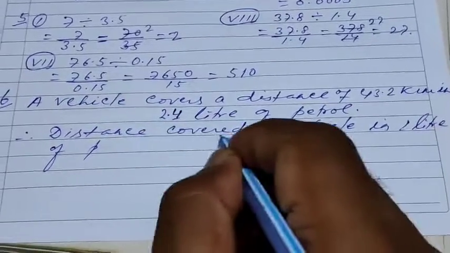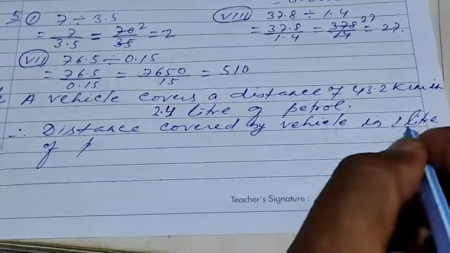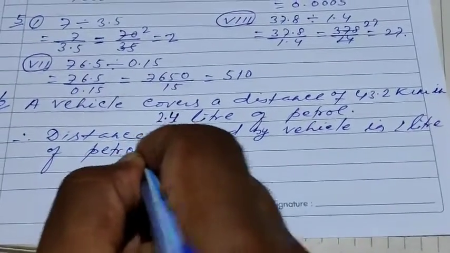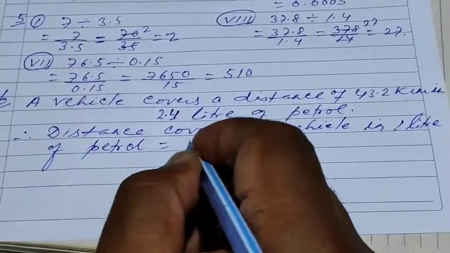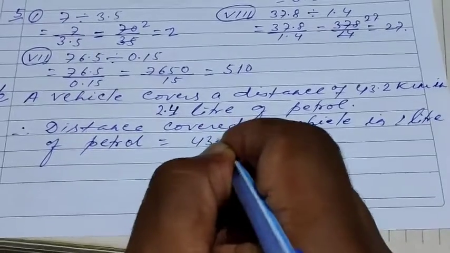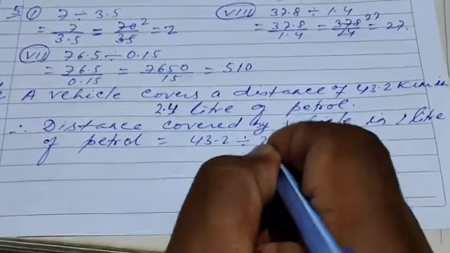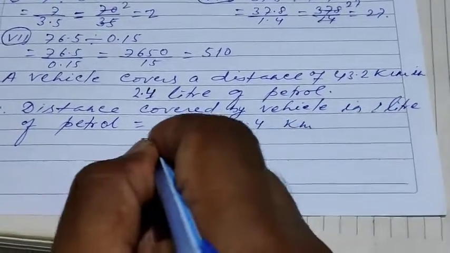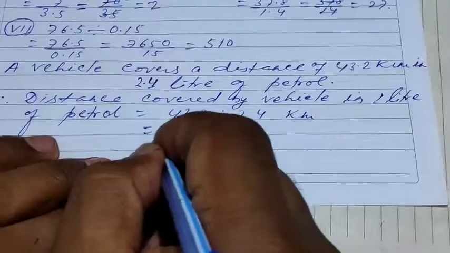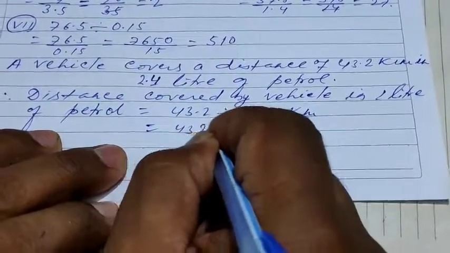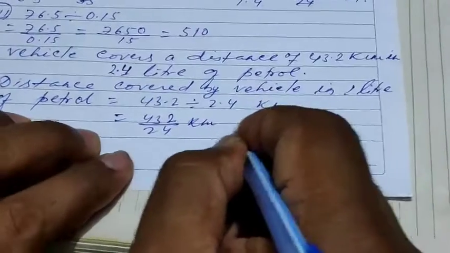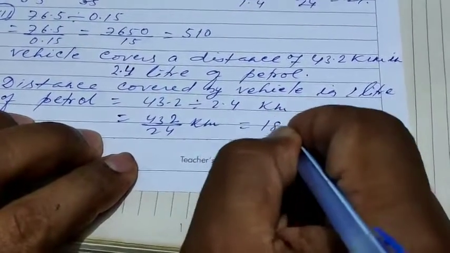Therefore, the distance covered by the vehicle in 1 liter of petrol is equal to 43.2 divided by 2.4 km, and this equals 432 by 24 km, and this equals 18 km.